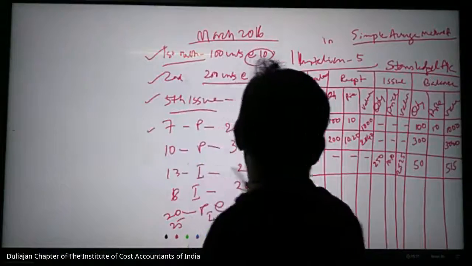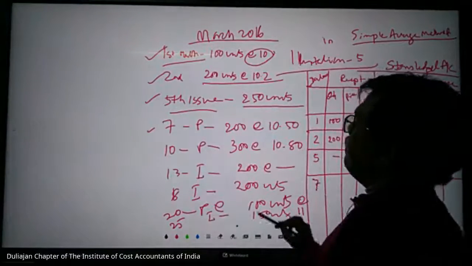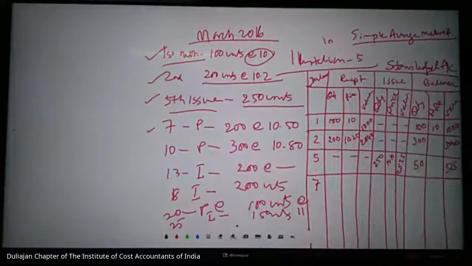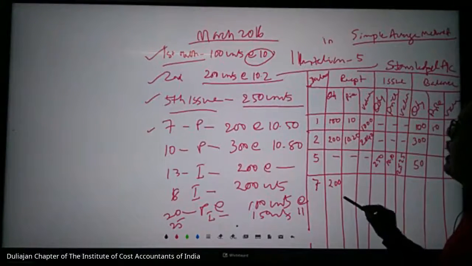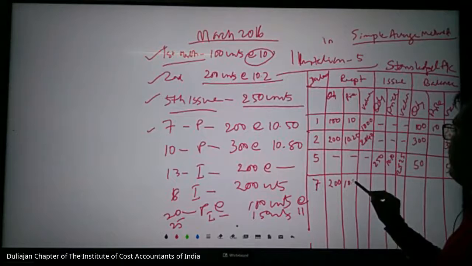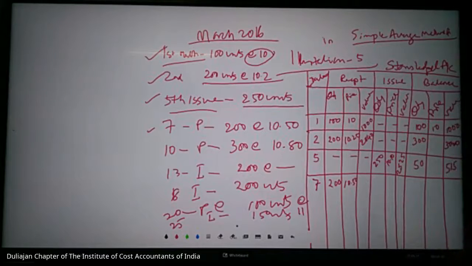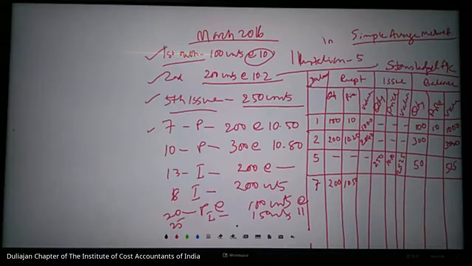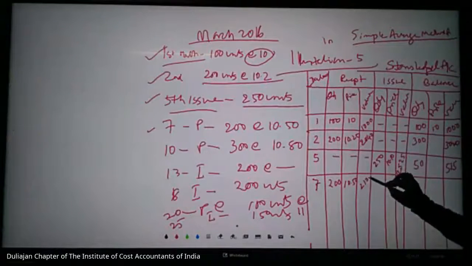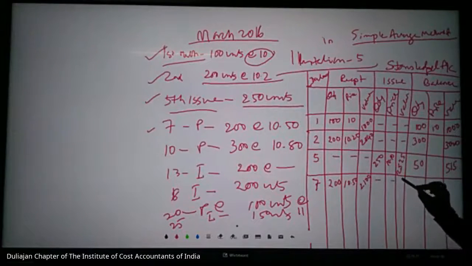Now come to 7. On 7, I am purchasing 200 units. 200 came in at the rate of 10 rupees 50 paisa. So my purchase cost will be how much? 2100. There is no issue on that day.